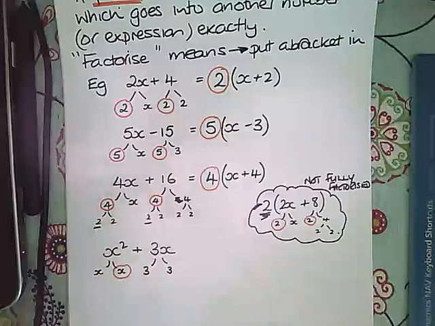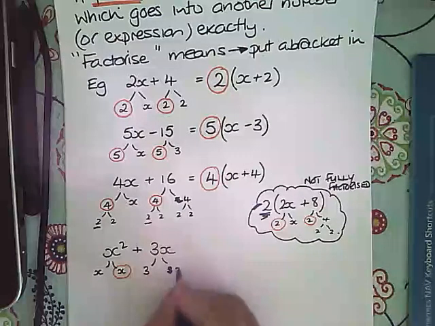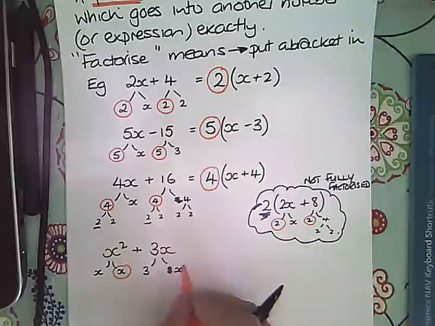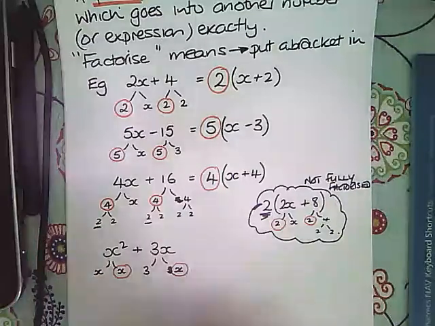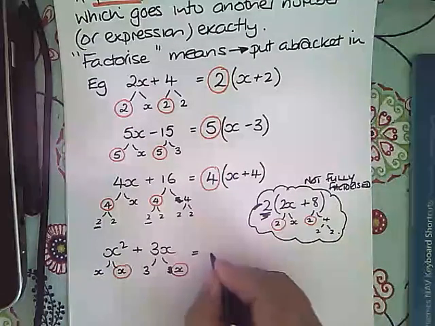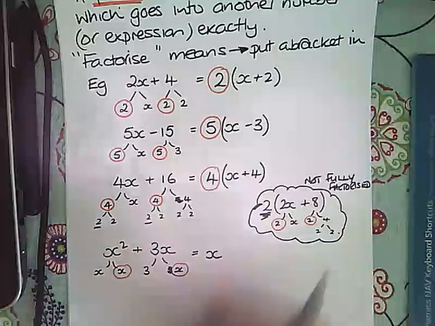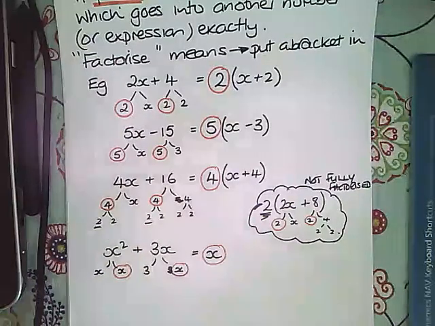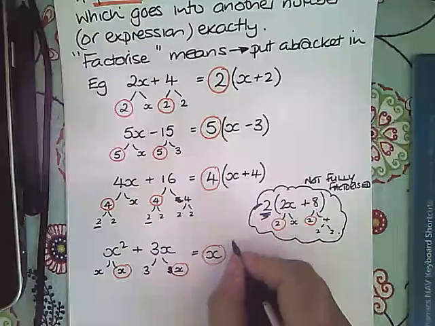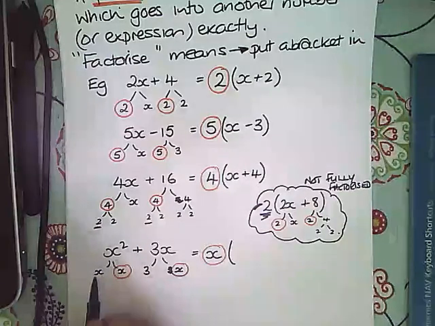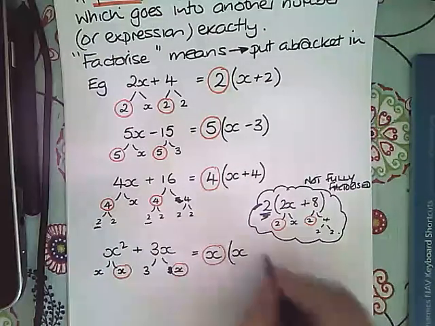Oops, I didn't write that. Okay, and the letter is x. So it is that that's going to go on the outside of our bracket. So the x goes on the outside of the bracket because that's in both of them.